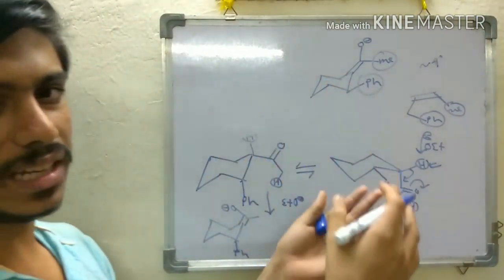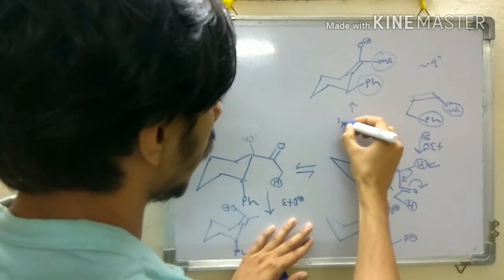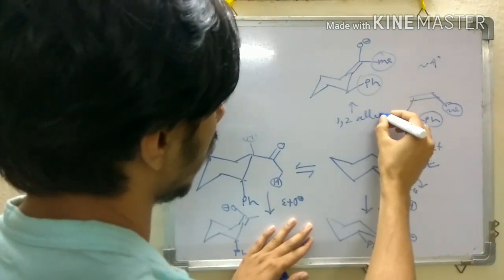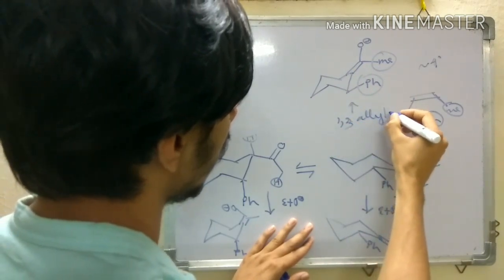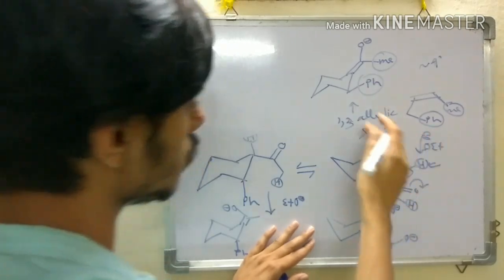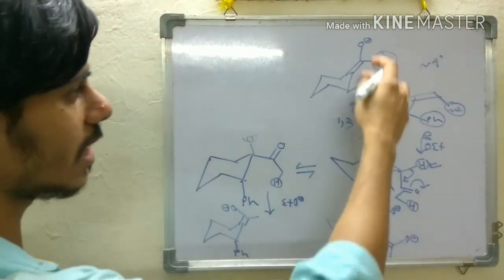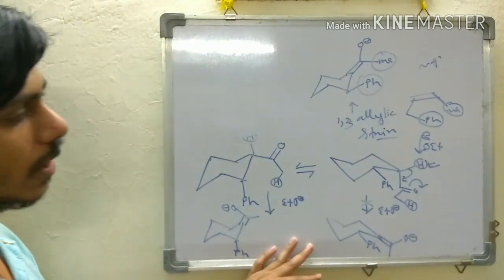They are actually eclipsed, and this is called 1,3 allylic strain. Due to this 1,3 allylic strain, this enolate formation is not favorable, so this enolate formation will not occur.